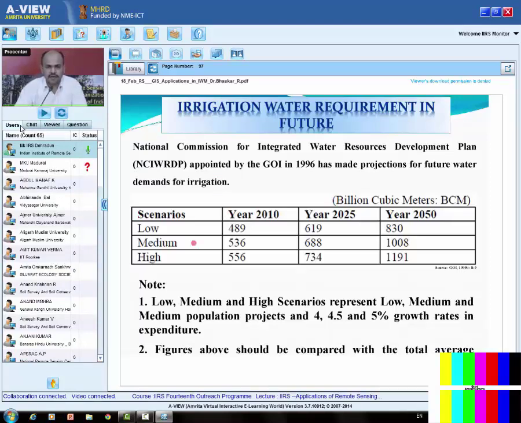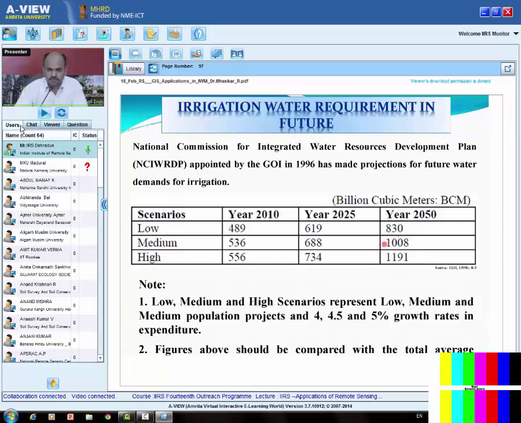As you can see, even with the medium scenario, by 2050 agriculture itself will require 1,008 billion cubic meters of water. If the high rate of population growth continues, we require 1,191, whereas we have seen in previous slides that we only have 1,123 billion cubic meters. So the demand by agriculture itself will exceed the total utilizable water.